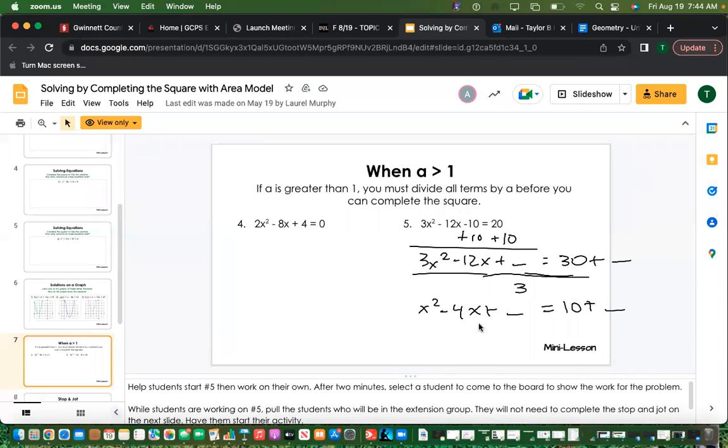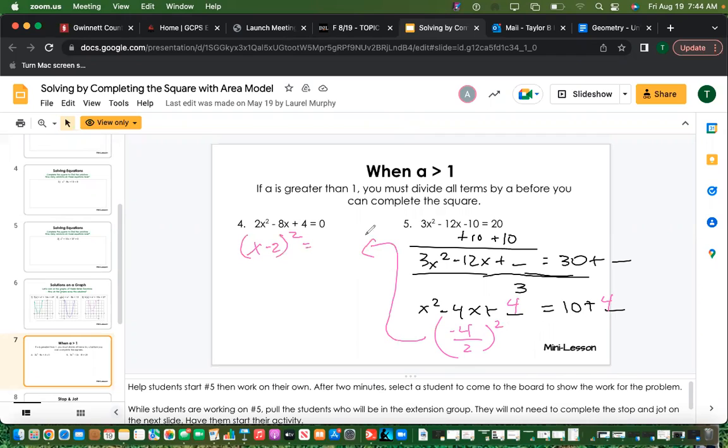All right, we're almost done. All right, so we're going to take b, divide it by 2, and square it. So -4 divided by 2 is -2. -2 squared is going to give me 4. When I factor this, this is going to give me x minus 2 squared.